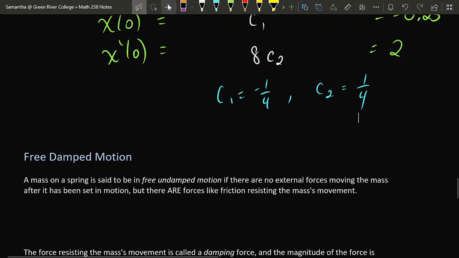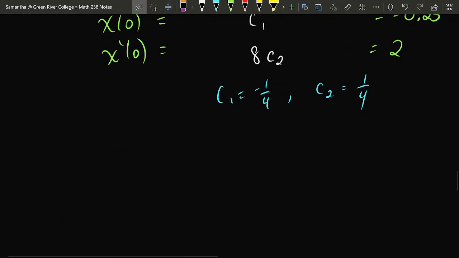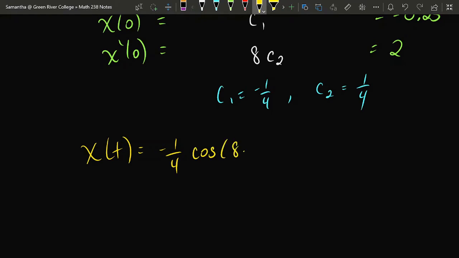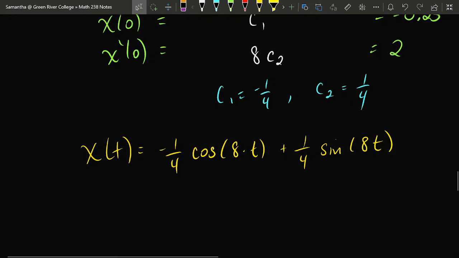And therefore the object's position at any given time is given by negative 1/4 cosine 8t plus 1/4 sine 8t. So the object's position is going to oscillate over time. And this makes some sense.